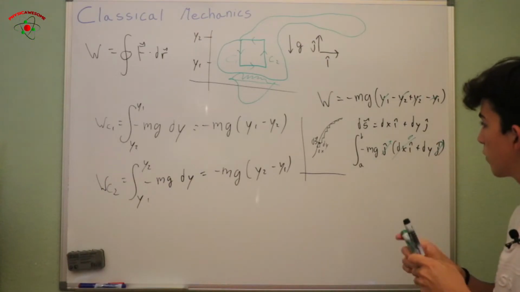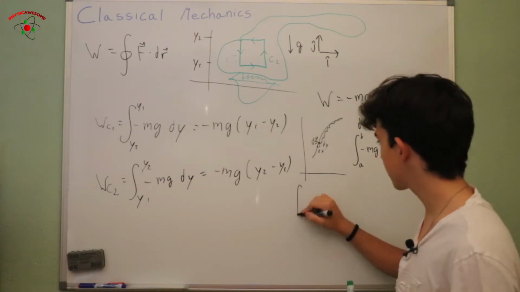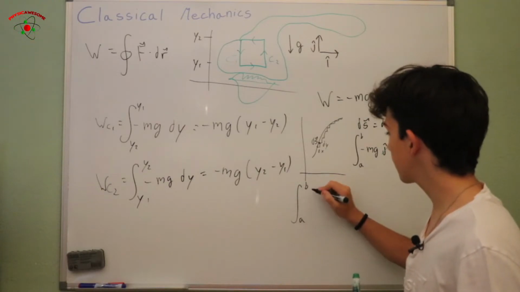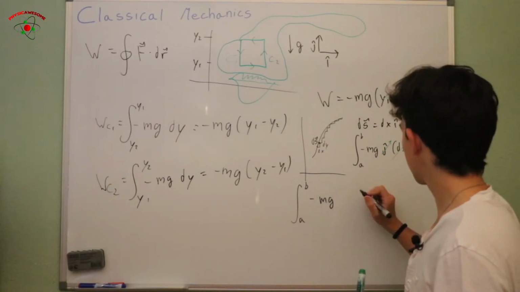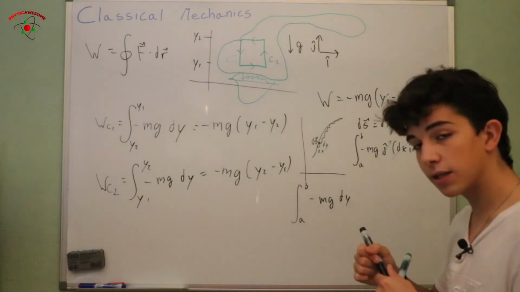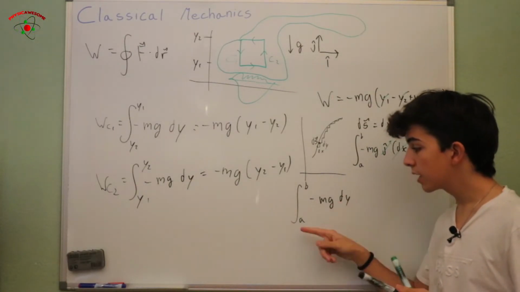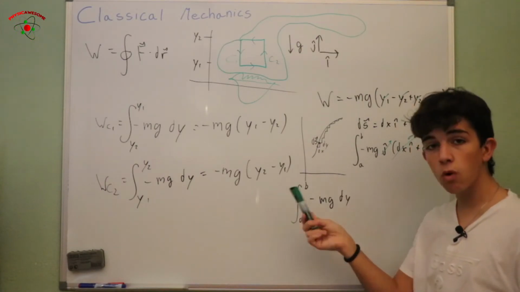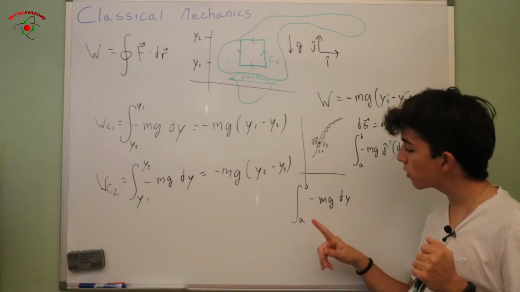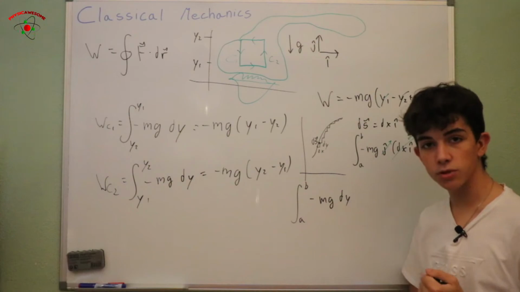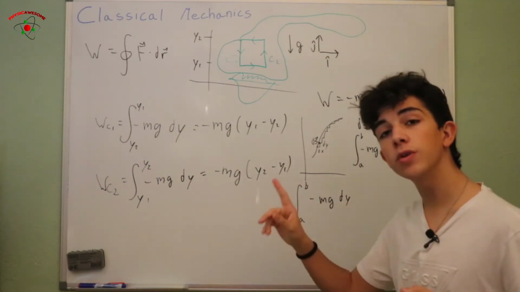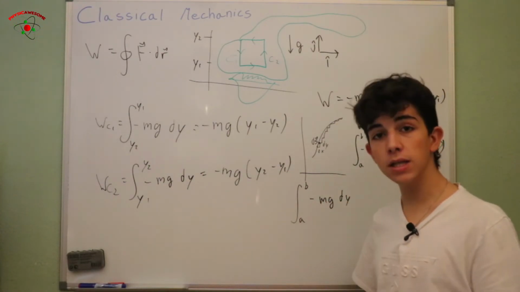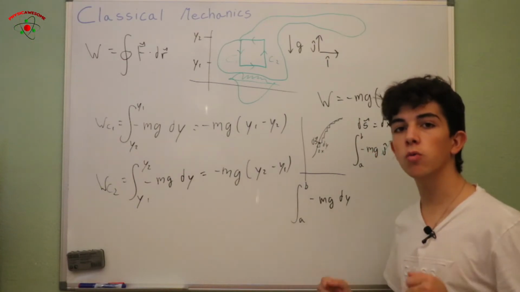Therefore, our expression is, from A to B, minus mg dy. And in this case, A and B are just the final positions. So our work only cares about our initial and our final position, but the trajectory in between is completely irrelevant to the work we have done.